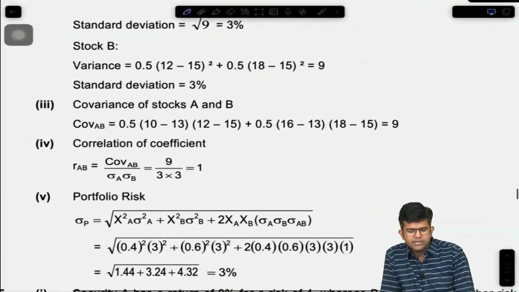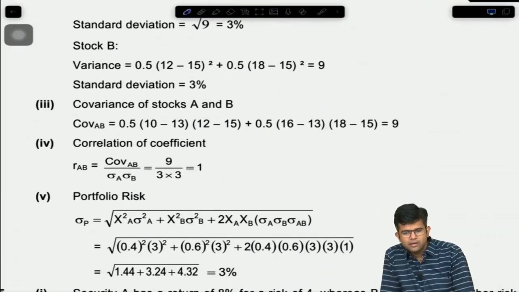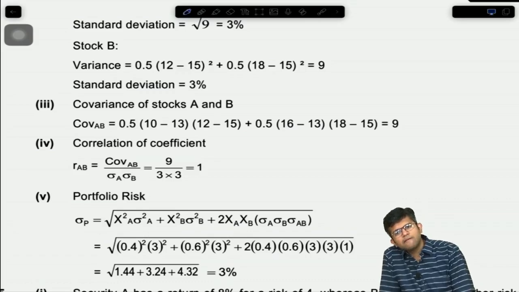Third point, is it 9? Positive 9? Please give me a yes. Positive 9.